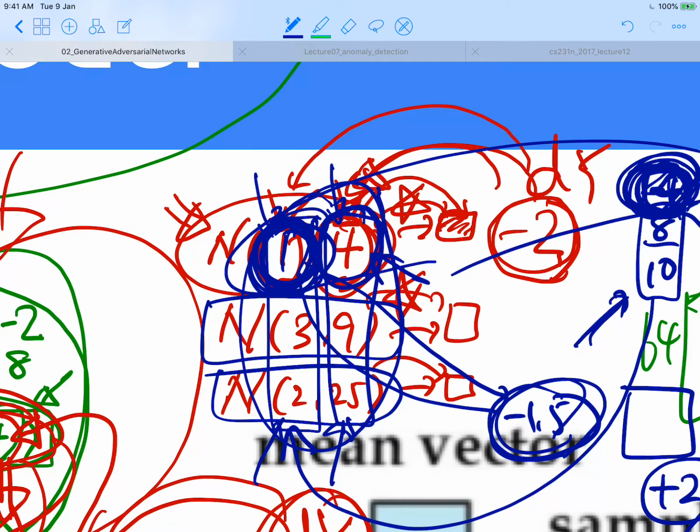And overall, the mean of these means is 0, and the overall mean of these variances is 1.